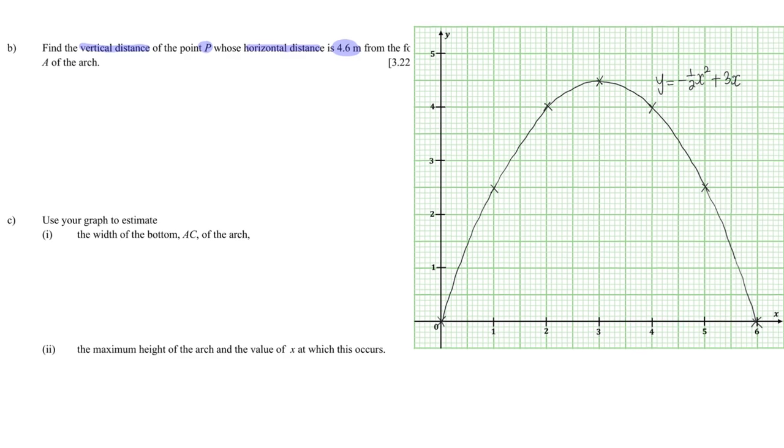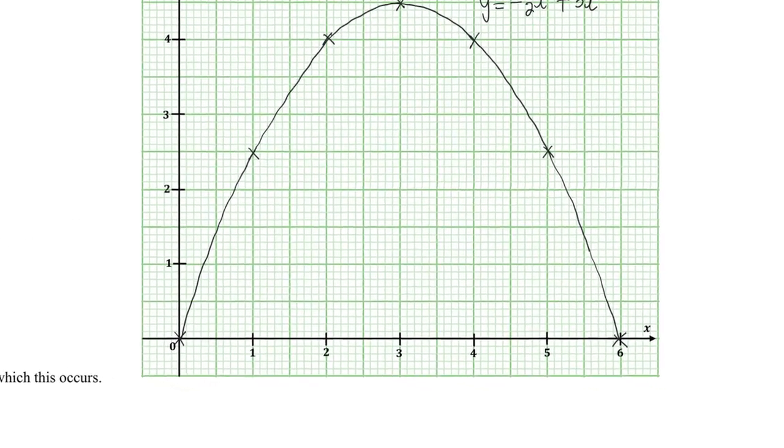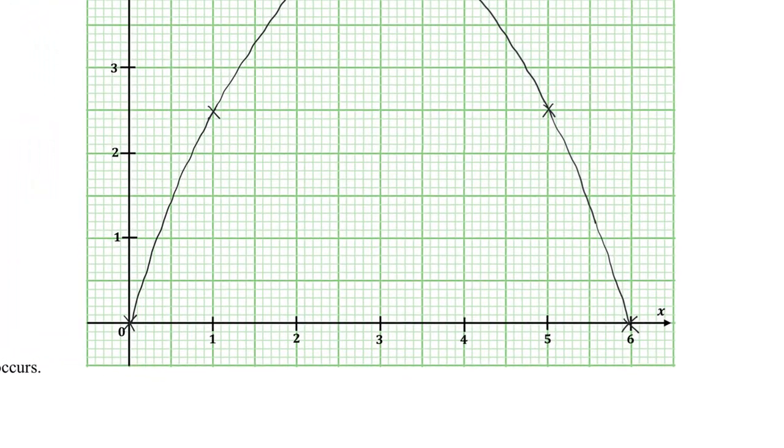So there's meter. And 4.6, let's zoom in. Where could this 4.6 horizontal distance be? Here.